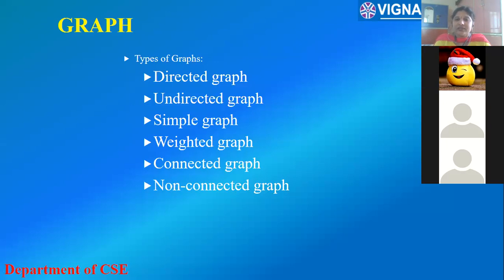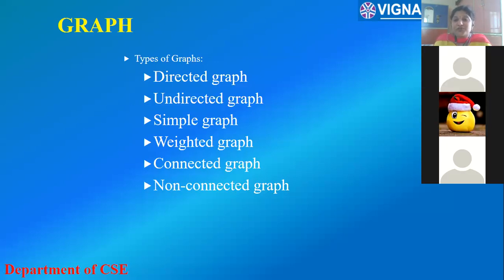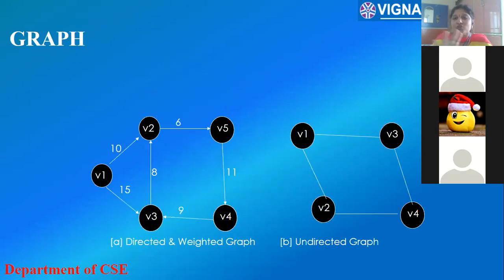So here we have different types of graphs: directed graph, undirected graph, simple graph, weighted graph, connected graph and non-connected graph. We will see the differences between them through these examples. Clearly observe. The first figure is called a directed graph.